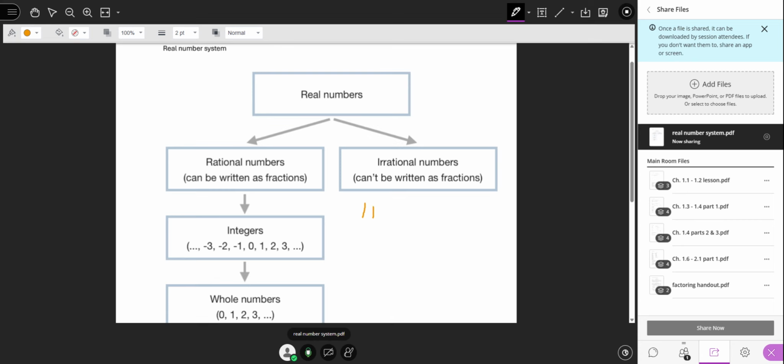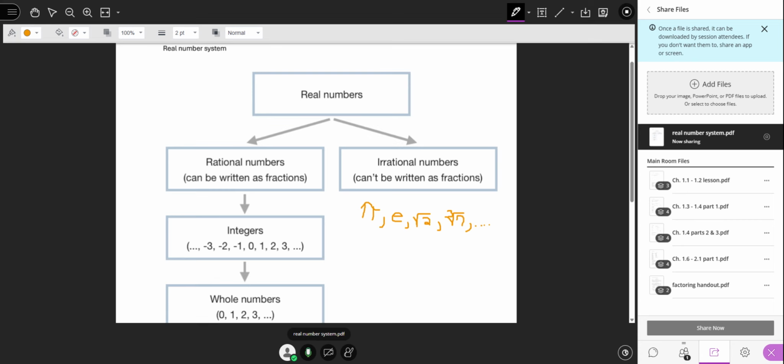These include the number pi, e, square root of 2, cube root of 7, etc., etc. This is an infinite set, and believe it or not, it's bigger than the rational numbers.